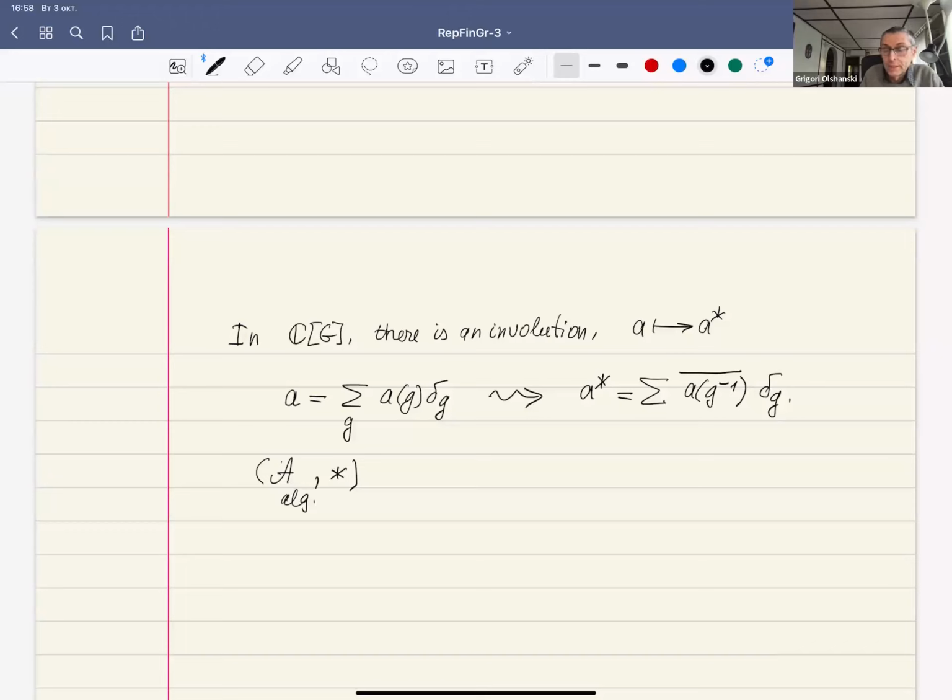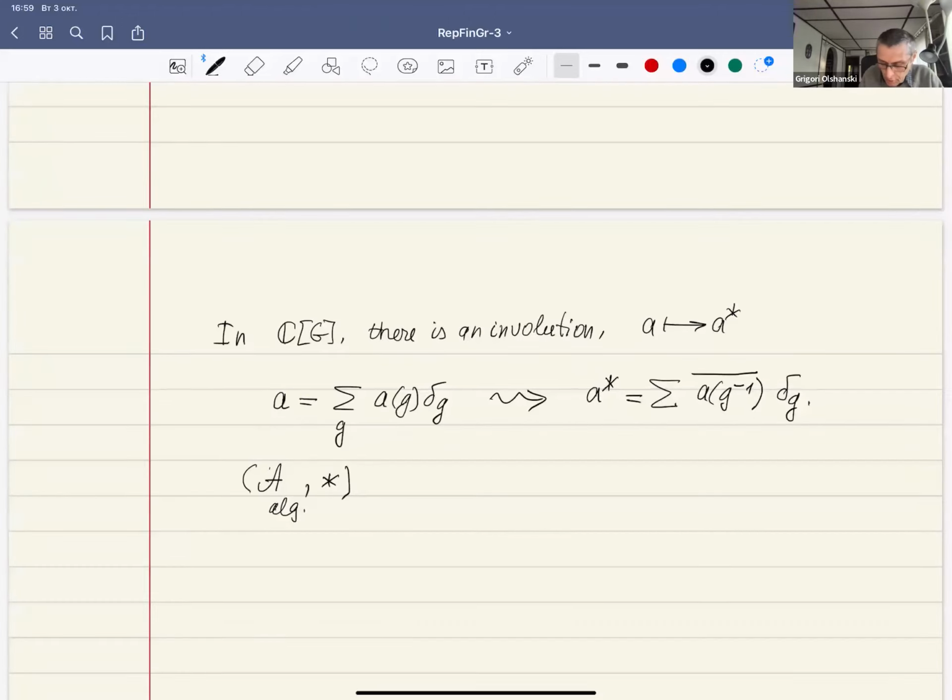So what I said is that the group algebra is an example of an involutive algebra. And a representation of an involutive algebra means that we have a map into the algebra of operators on a finite dimensional, in this situation, finite dimensional Hilbert space, so the space with a scalar product, and such that this map is compatible with the involution.